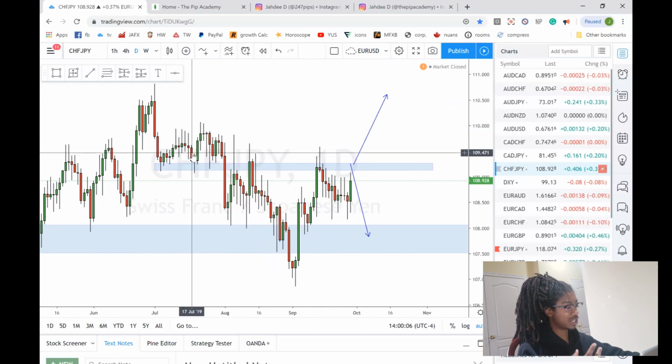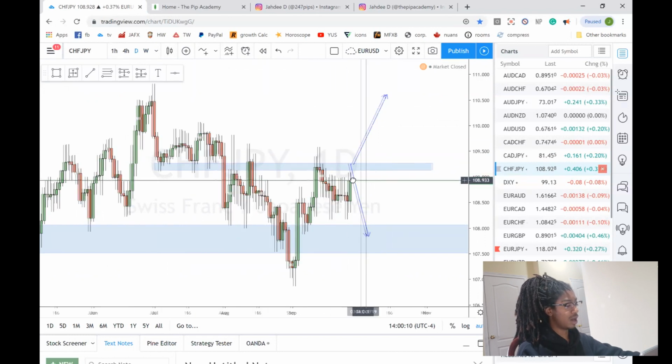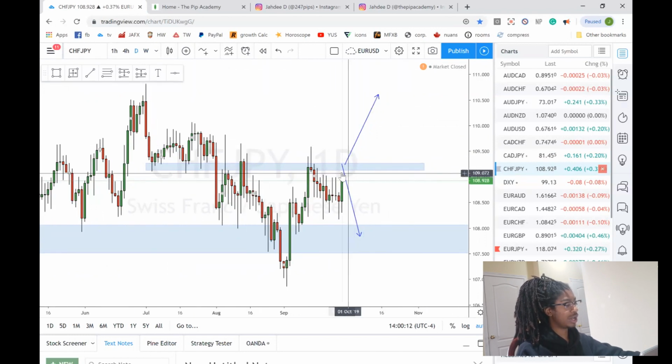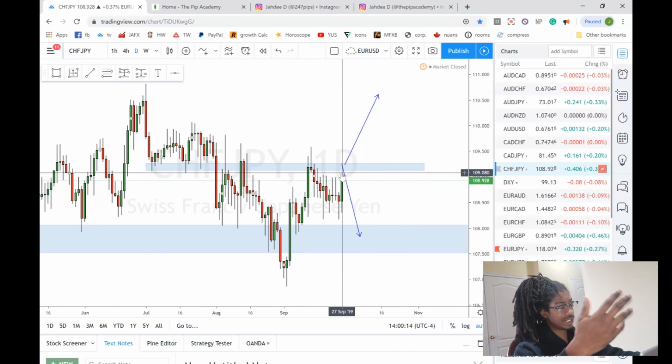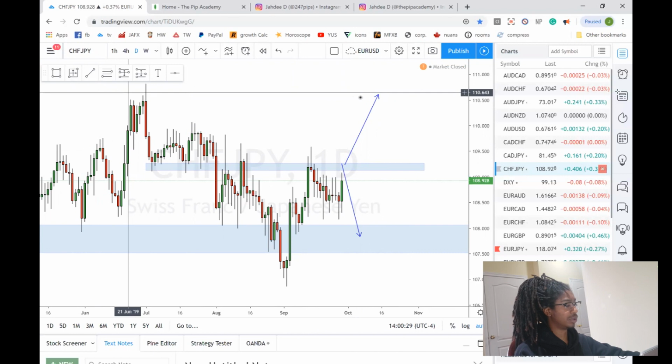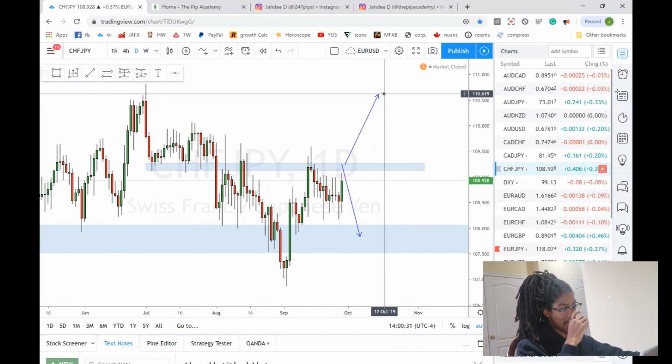Price is respecting it, so we've got to see what price decides to do there. Our possibilities are, once price hits the resistance from below, that it can lose its strength. The Swiss can lose its strength and this pair falls. Or alternatively, if price does decide to close above this resistance, we can see price then rising to the following resistance up here. And those are really the only possibilities.